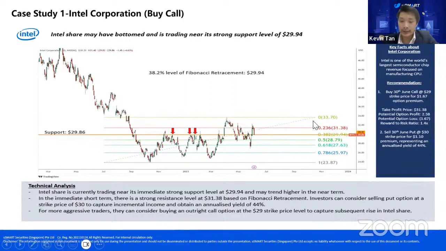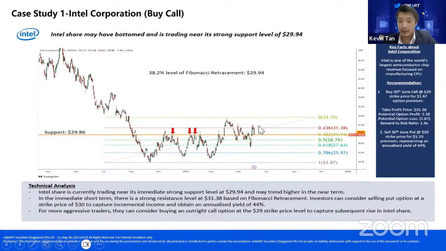So our recommendation early this week was to buy a call option on Intel at $29 strike price. Back then the option premium was only $1.67.